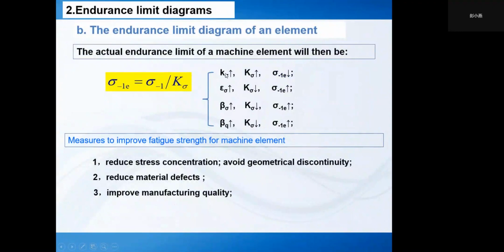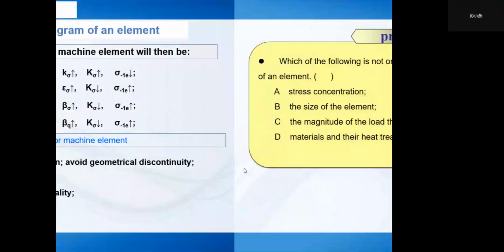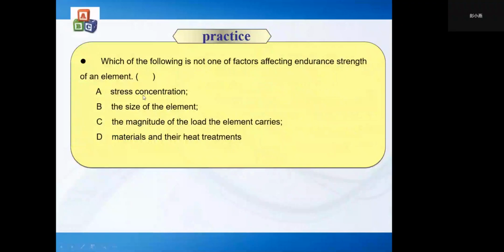K sigma is the stress concentration factor. And epsilon sigma is the size factor. And this is the surface condition factor. And this is the intensity factor, and for the intensity factor, you can use surface treatment to increase it. So for stress concentration, we have the stress concentration factor K sigma.